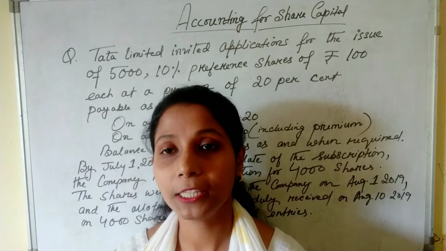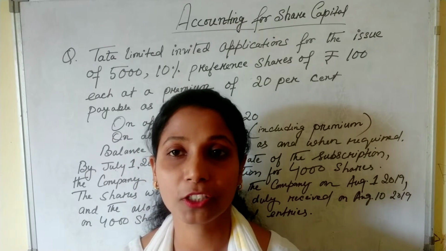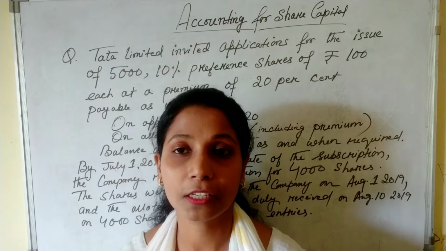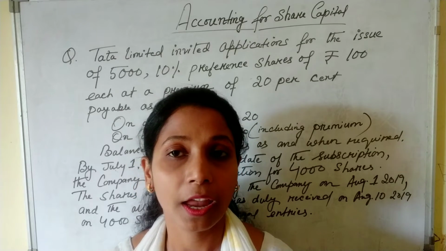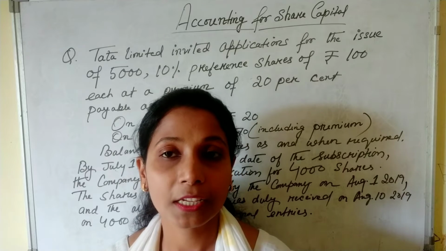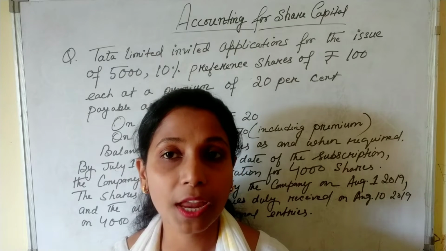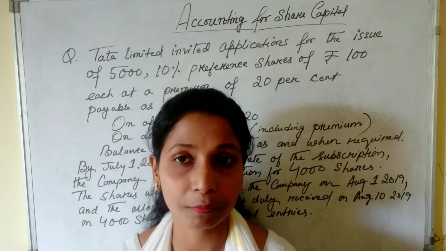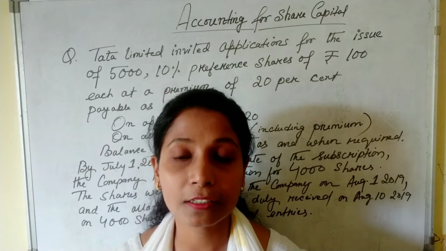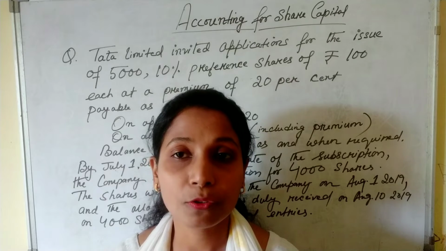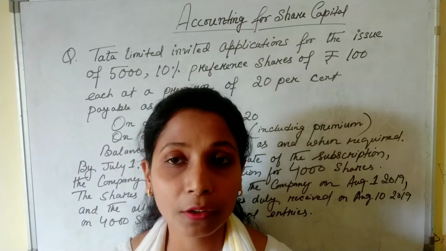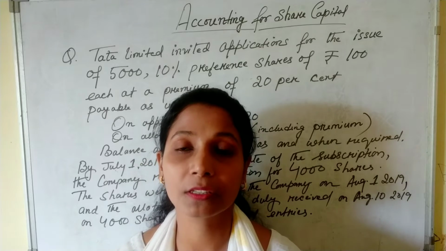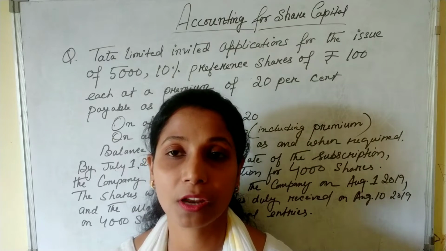Say for example, if the nominal value of a share is rupees 10 and the share is issued to the public at rupees 12, that is, at a price higher than its face value, 2 rupees more, then this 2 rupees is the premium amount.